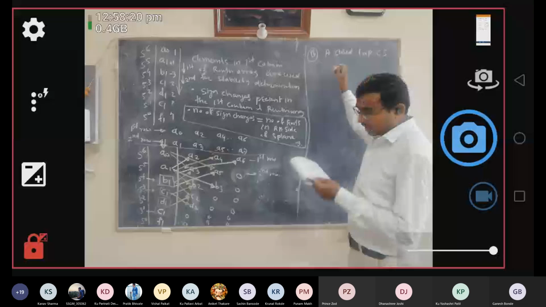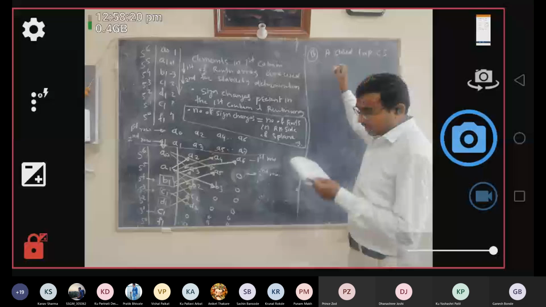You always compare this characteristic equation with the standard characteristic equation: a0 into s raised to power 3 plus a1 into s raised to power 2 plus a2 into s plus a3, which is equal to 0. So here we compare the given characteristic equation with the standard characteristic equation, and we get the coefficient values.